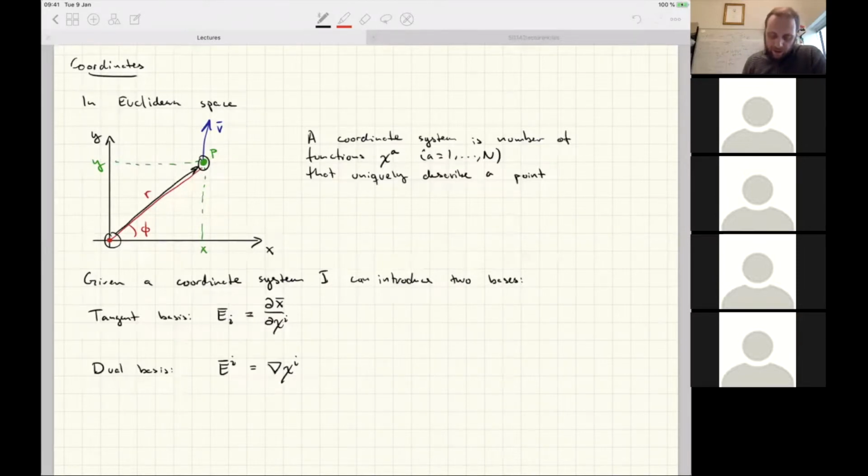That means that given a vector V, I can expand this vector in either the tangent basis, which I will write as V^i E_i, or in the dual basis, which I will write as V_i with index down and E^i. So is everybody familiar with the notation I used here, which is the Einstein summation convention?